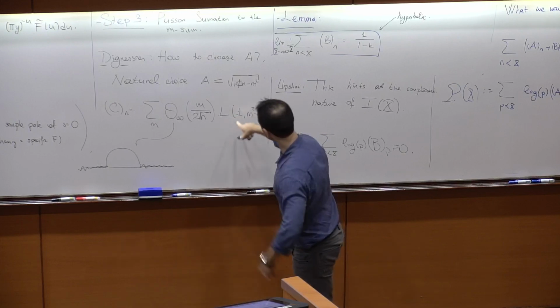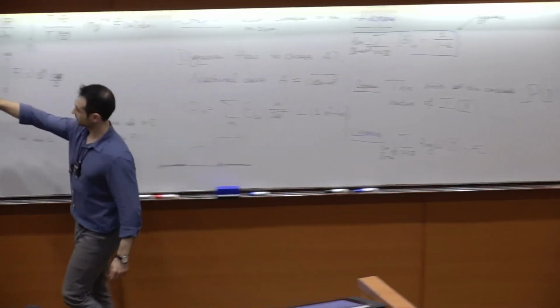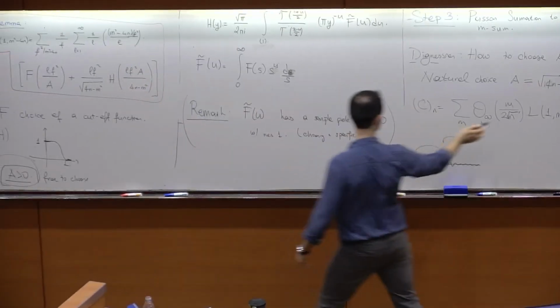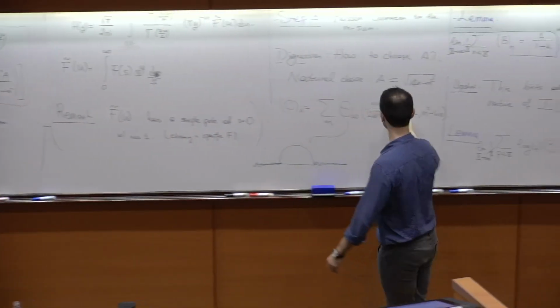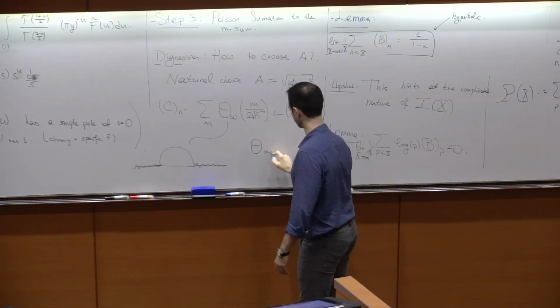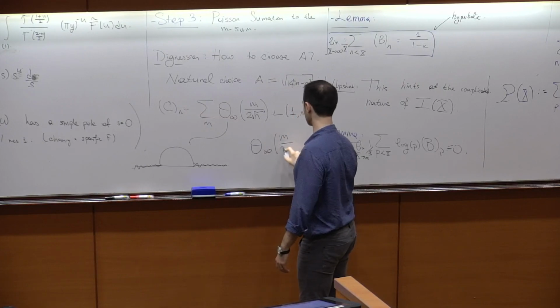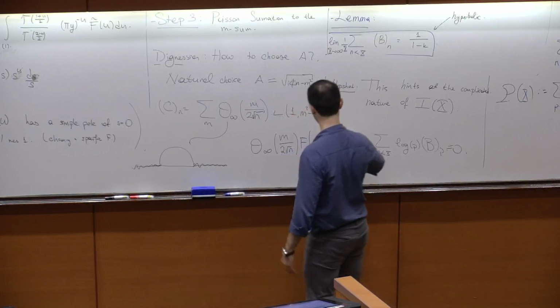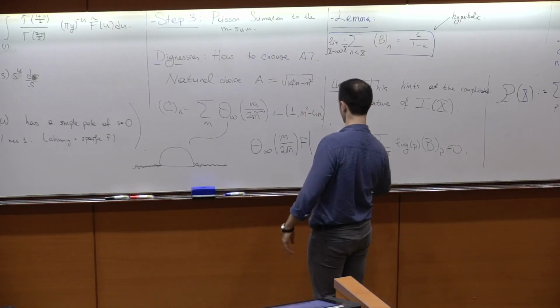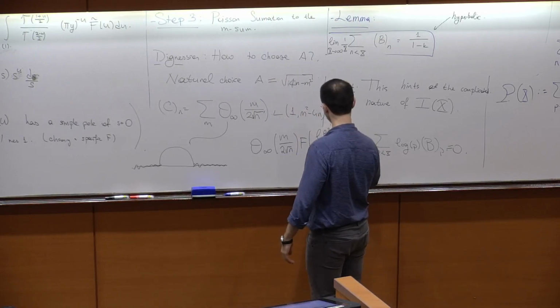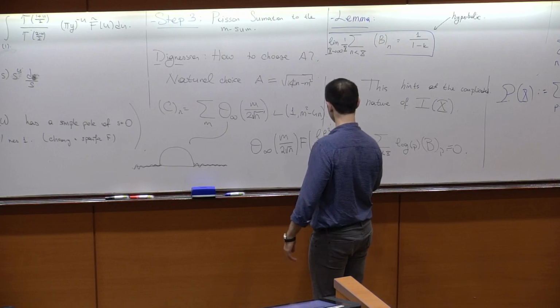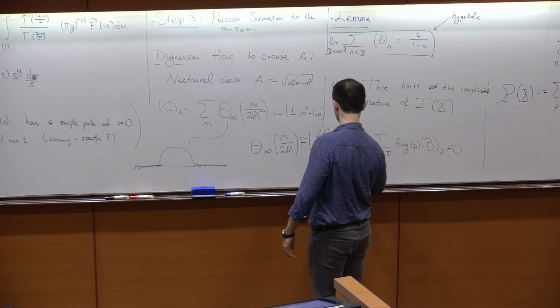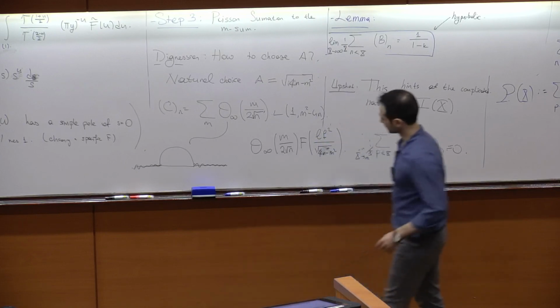So when you put this expression in here, what you will be getting is the following quantity, theta infinity of m by 2 root n times f or h on the other side. There are two sums, so I'm only writing one side. LF squared over this. Now this is the technical part.